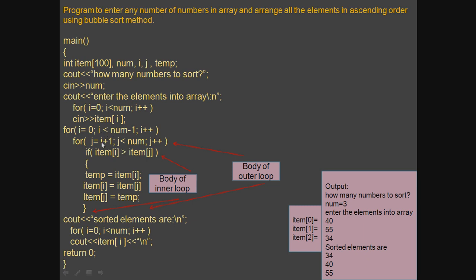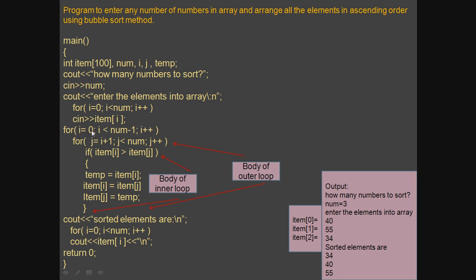Here j gets incremented, 0 plus 1, 1, because now we have to compare two elements. If j goes to 0, then you are comparing the same element with the same element. So you have to compare one element with the next element in the bubble sort method.